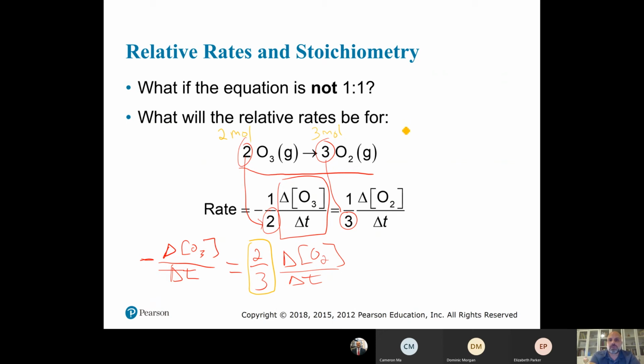So we can create a conversion factor of 2 moles of ozone divided by 3 moles of oxygen. So you can see this 2/3 is just the ratio for converting from ozone into oxygen. You can very easily convert between one unit and the other. All right.